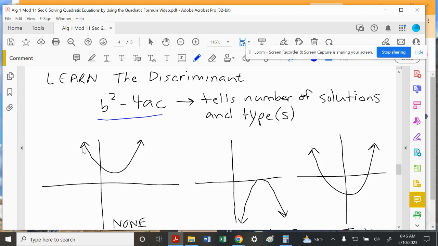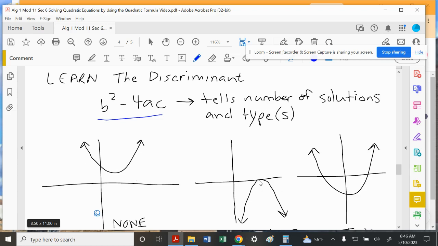But in this case, notice that the parabola never crosses the x-axis, therefore there are no solutions. So if you recall, one of the things that I've discussed in previous classes and videos when we started going over the quadratic equations is that the solution to the quadratic equation is where it crosses this x-axis. So notice it never crosses, so there's no solution.